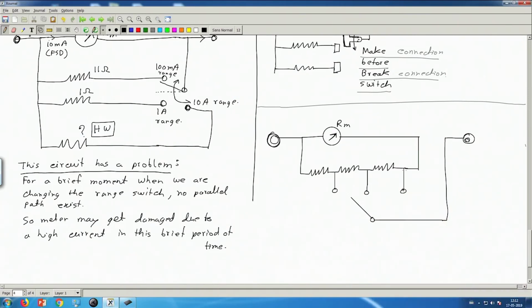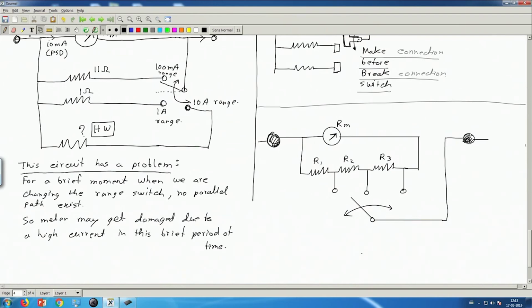I have a set of resistances, call them R1, R2, R3. This has resistance Rm, the meter's coil resistance, and I have a switch. This can connect either to this terminal, this terminal, or this terminal. This is a switch, and this is the final inlet and outlet of the meter.